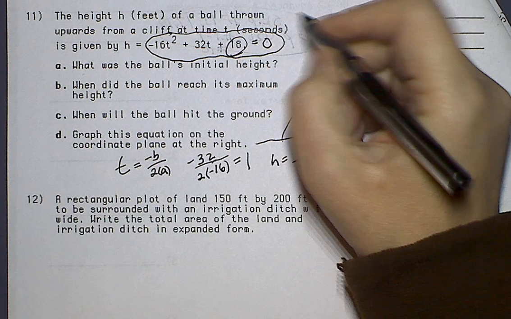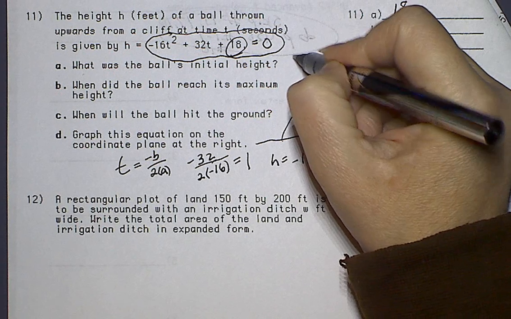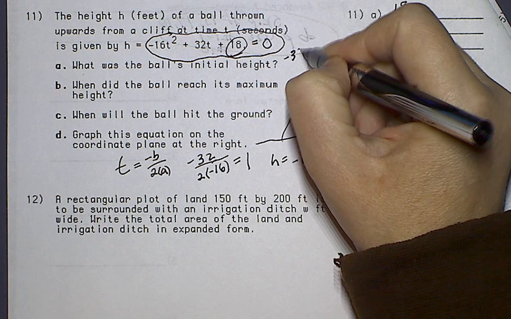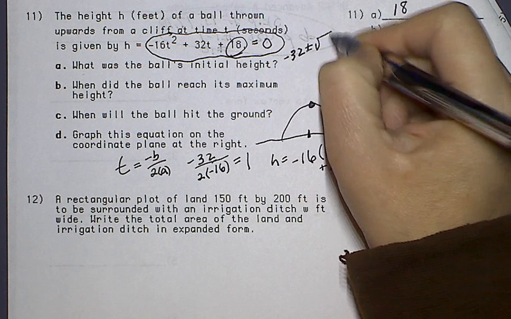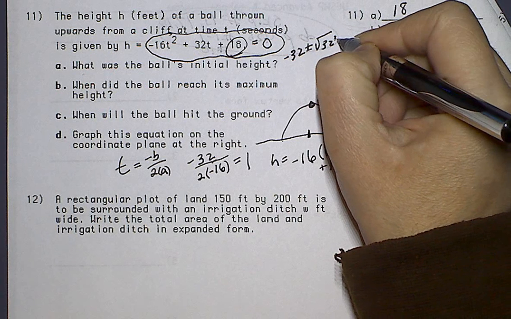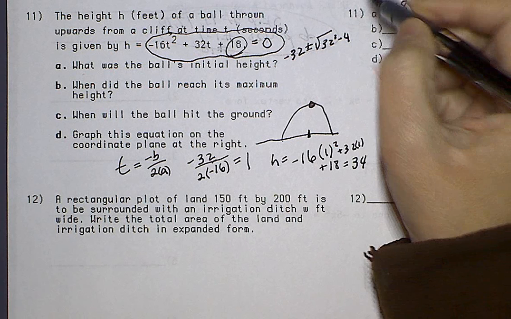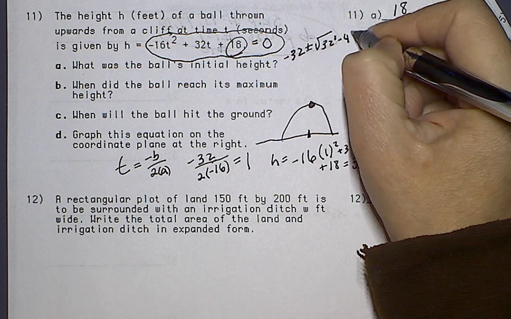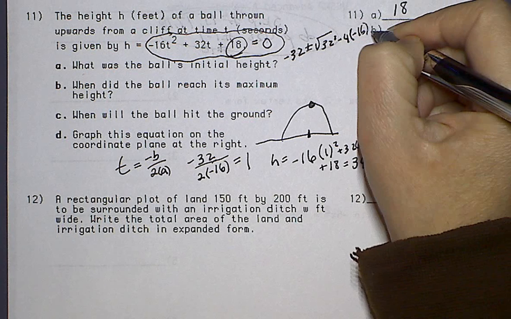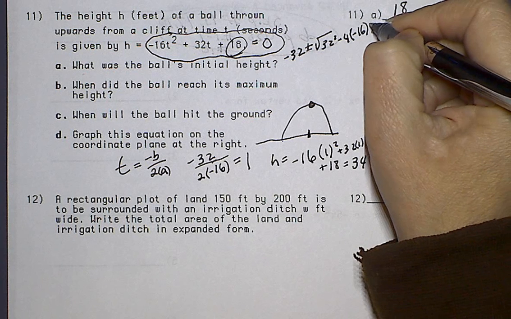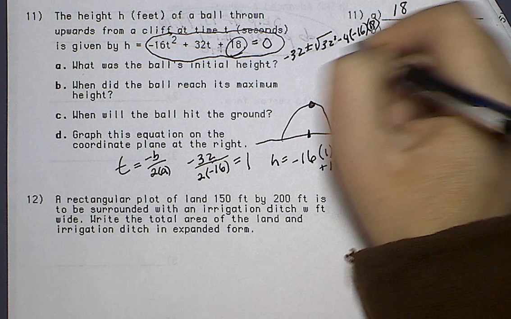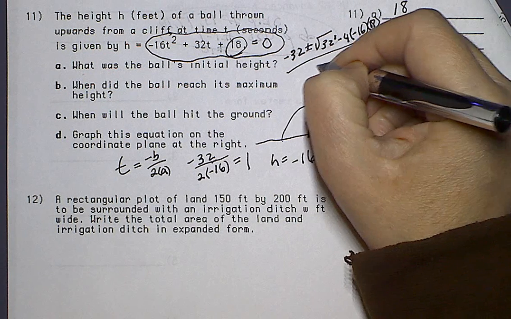We have negative b, so -32, plus or minus the square root of b squared, so 32 squared, minus 4a, which is -16, times c, which is your 18, all over 2a, 2 times -16.